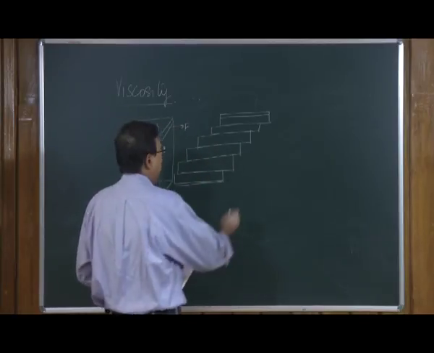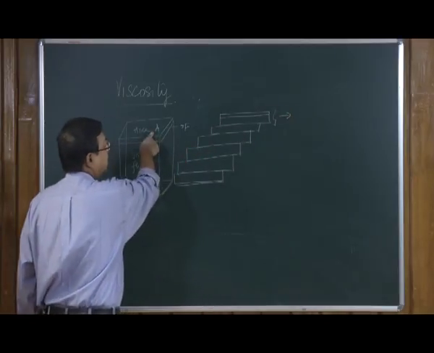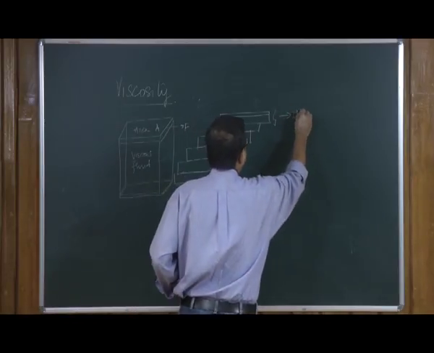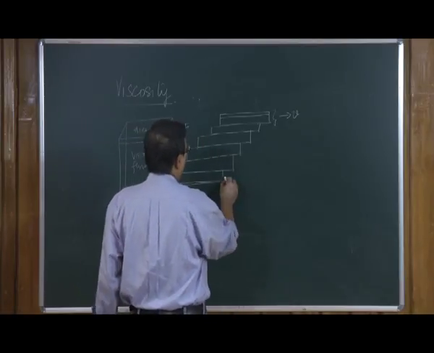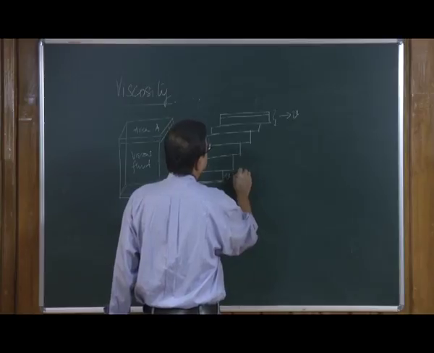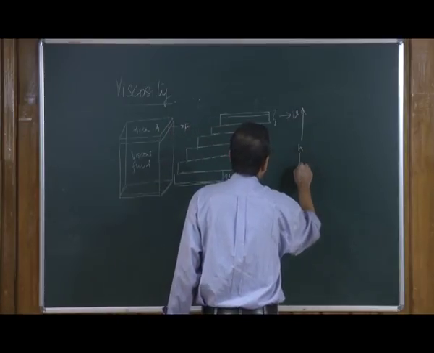This top layer moves with a velocity v, and the bottom layer has a velocity equal to 0, and let this height be h.